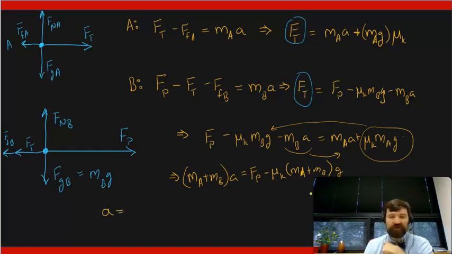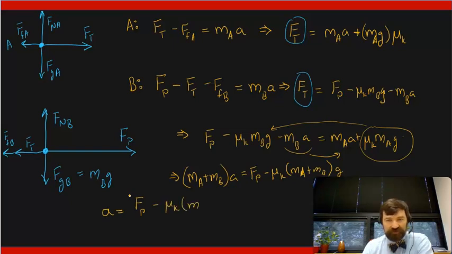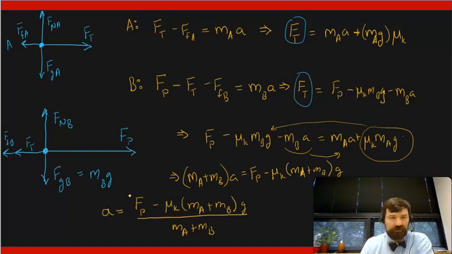Basically divide both sides by mass A plus mass B. So by doing that, you have that the acceleration is the pull force minus the coefficient of friction times the sum of the two masses times g, all divided by the sum of the two masses. So now we're ready to plug numbers in.